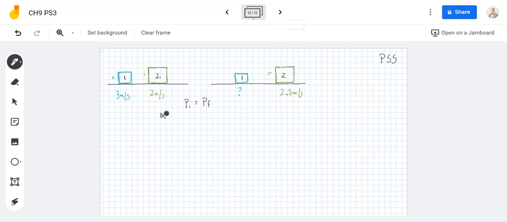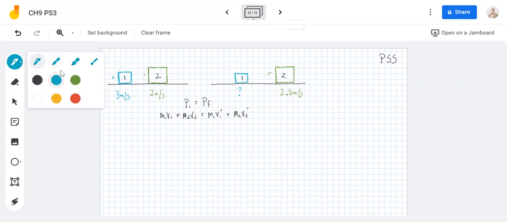I have mass of 1, velocity of 1, that's before, plus mass 2, velocity 2 before, equals mass of 1, velocity of 1 after. I'm going to use this prime here to mean after, plus m2 v2 after. We know most of these things, so this is 5 kilograms. This one's 10 kilograms.